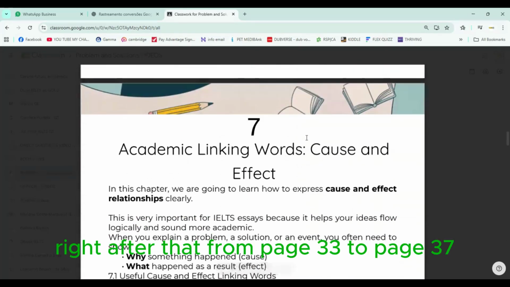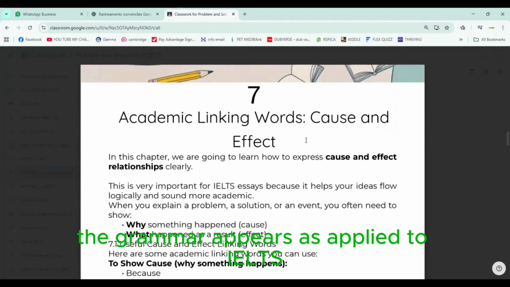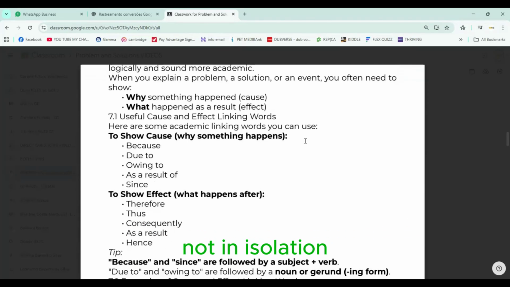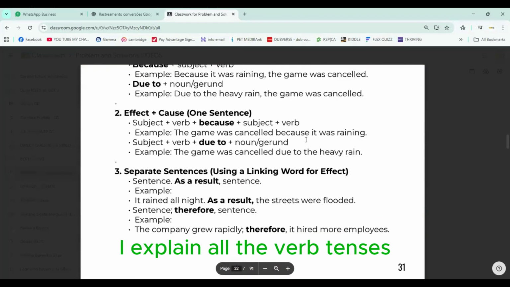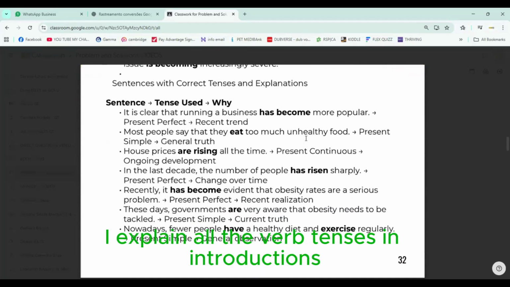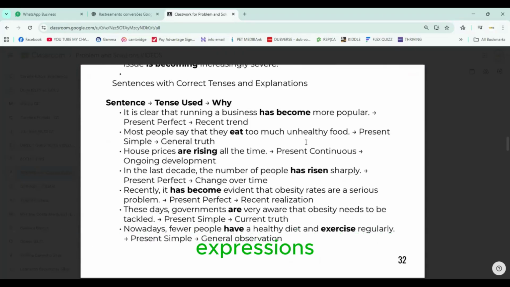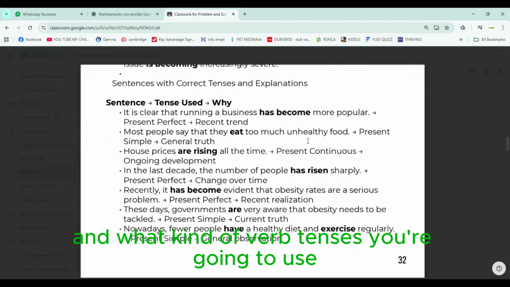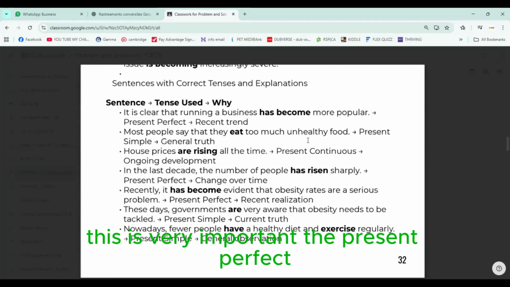Right after that, from page 33 to page 37, the grammar appears as applied to IELTS, not in isolation. I explain all the verb tenses in introductions. It's important for you to know what kind of time expressions and what kind of verb tenses you're going to use for those time expressions. This is very important.